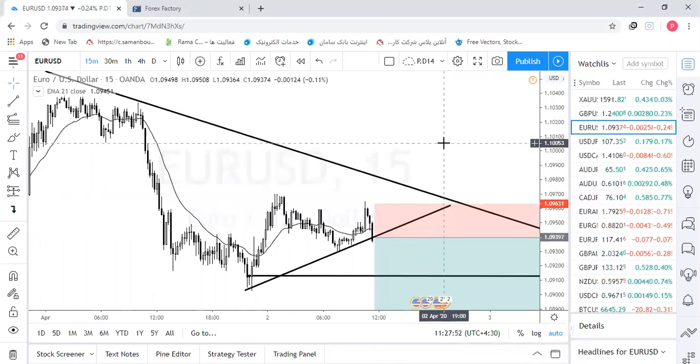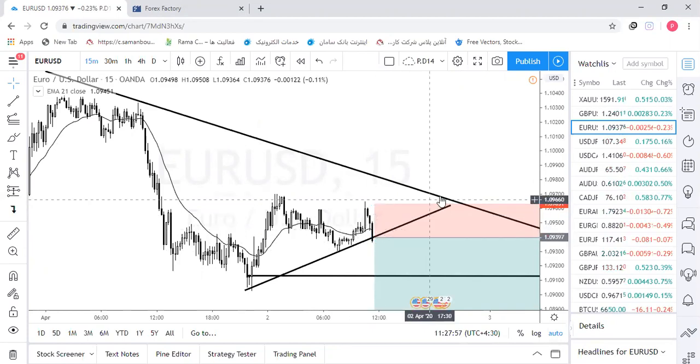Wait for candle close. If it closes like this, you can take sells.